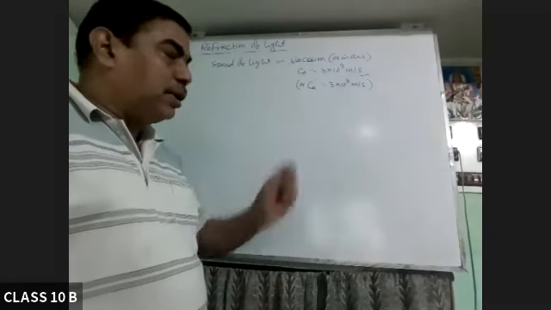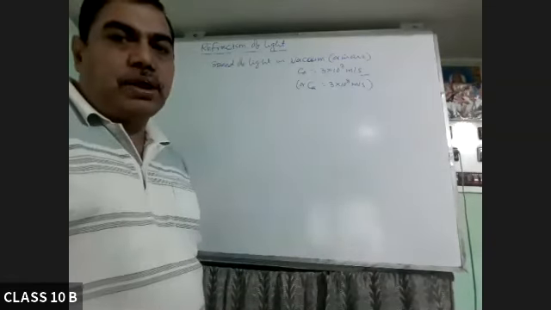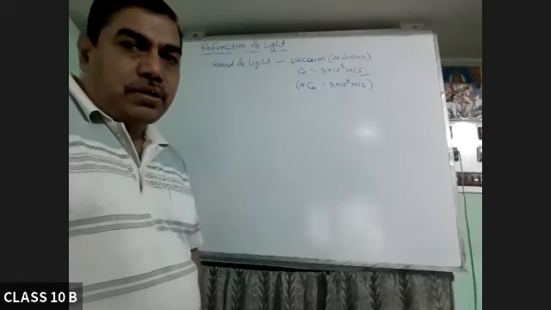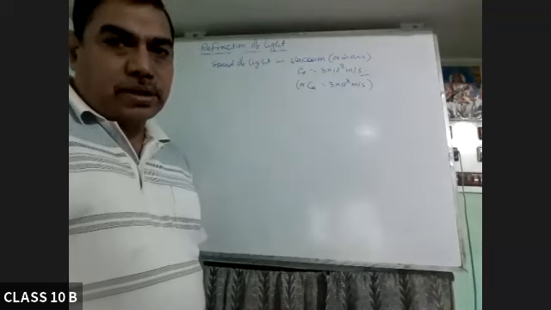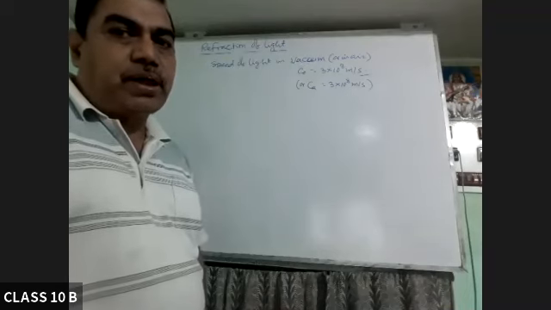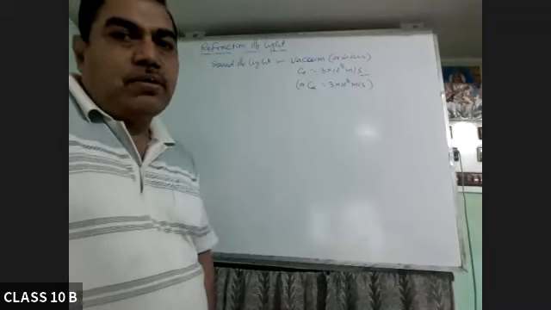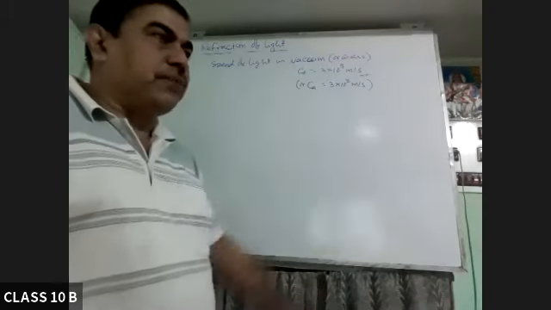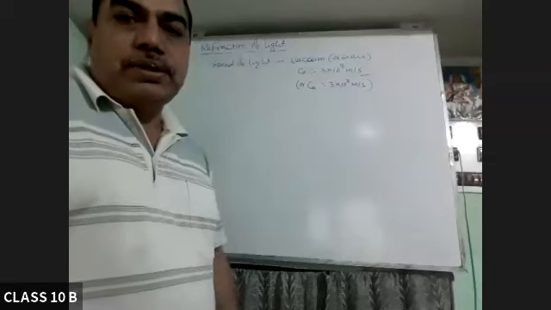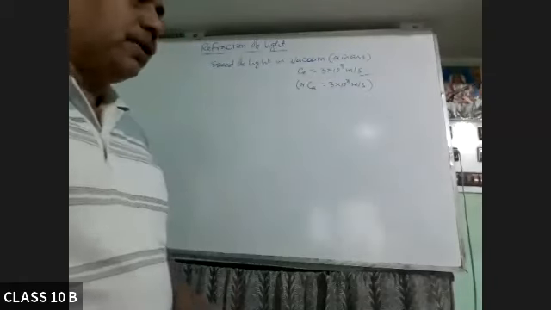So there are three possibilities, three phenomena, which may occur when light falls on any surface. And these three phenomena are what? Reflection, transmission, and then absorption.